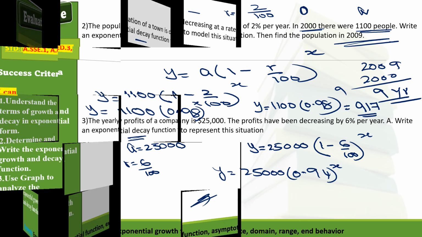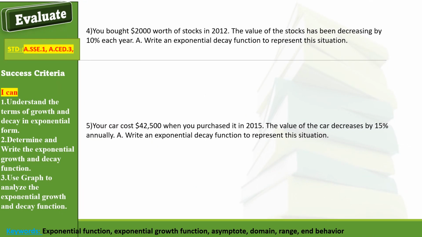Next question, you bought $2000 worth of stocks in 2012. So 2012 is year 0. My a value is $2,000 and the stocks have been decreasing by 10% each year, which means r equals 10 over 100.